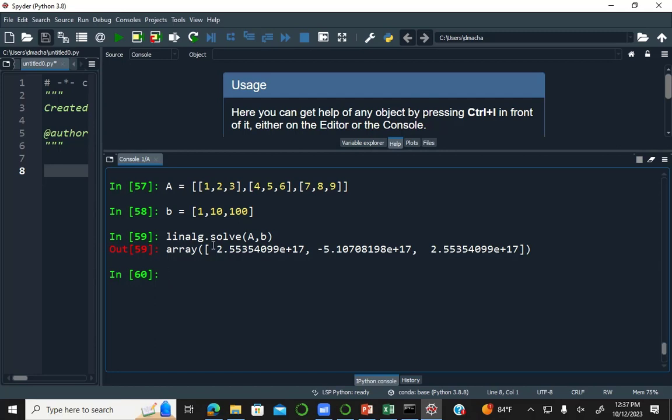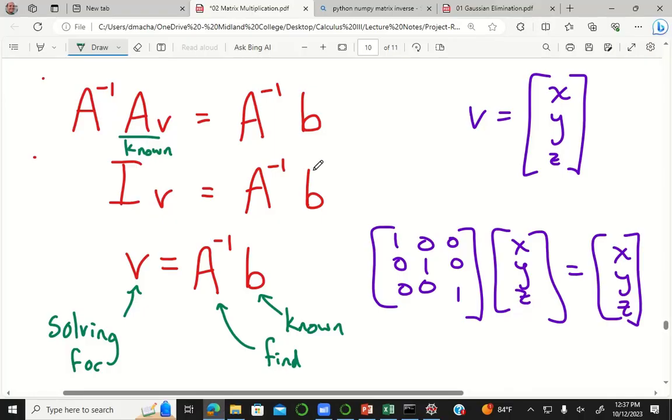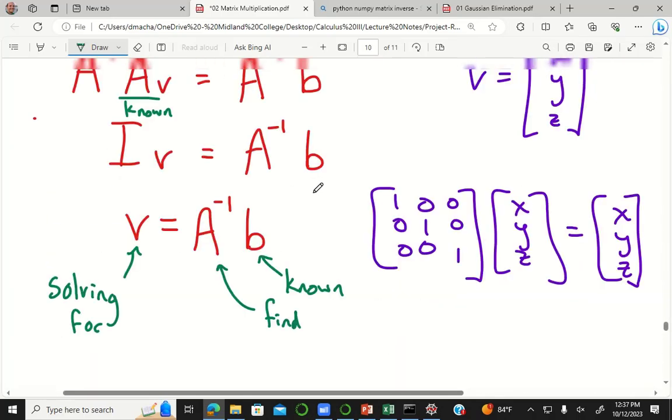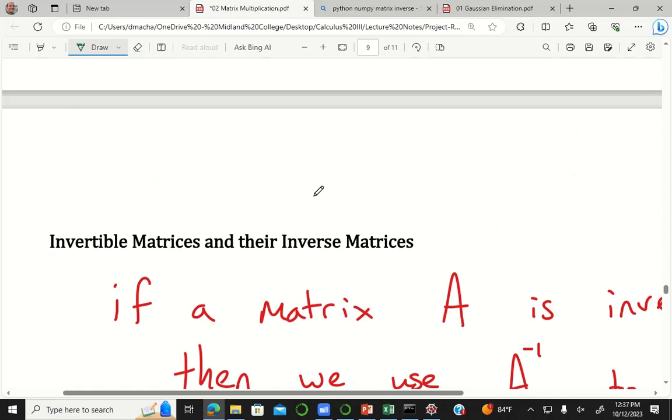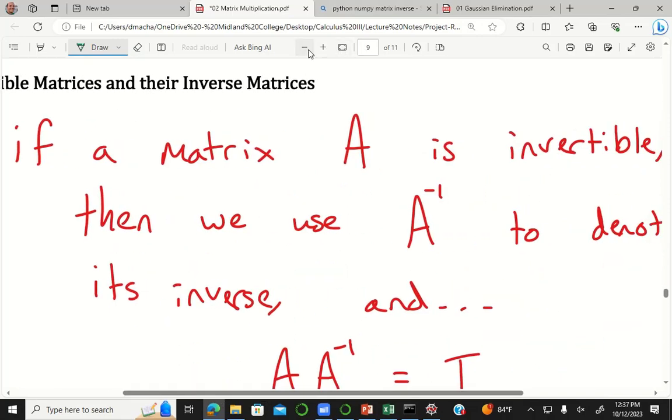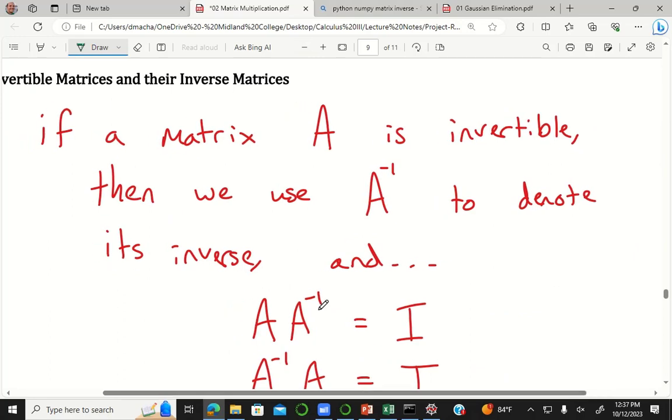This is a whole thing. That's not a good solution, and let me tell you why. A moment ago, I said if a matrix is invertible, then it has an inverse, right?